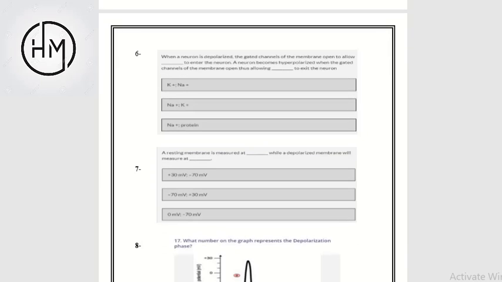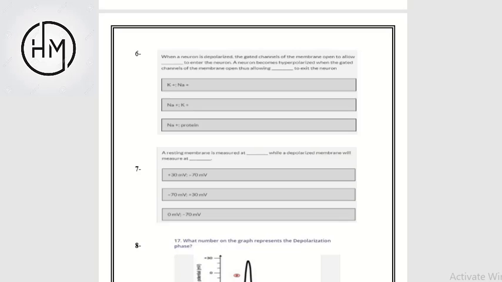Next, we will take some questions about nerve impulse. When a neuron is depolarized, the gate channels of the membrane open to allow what to enter the neuron?